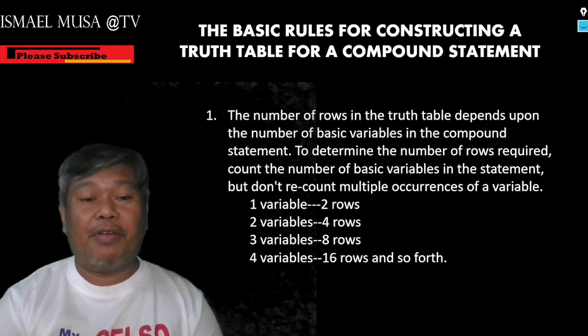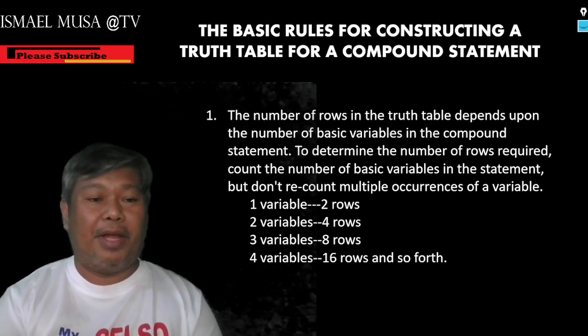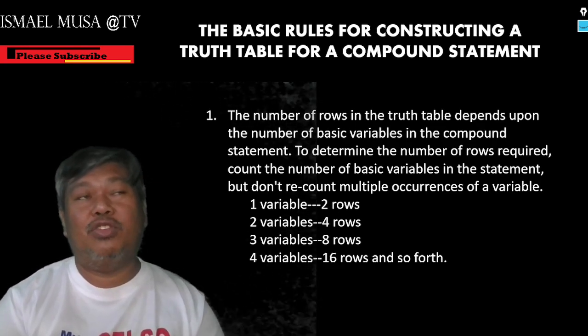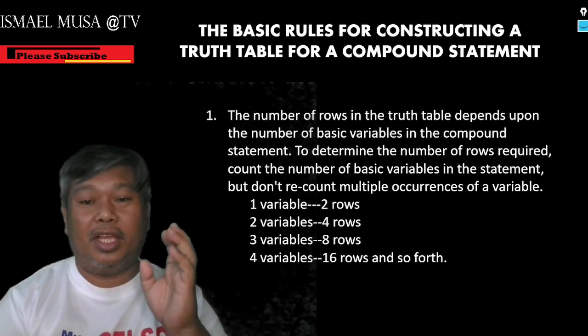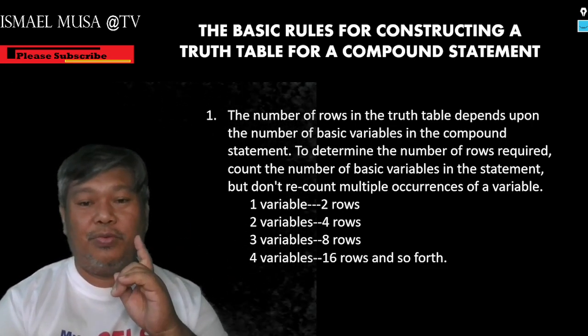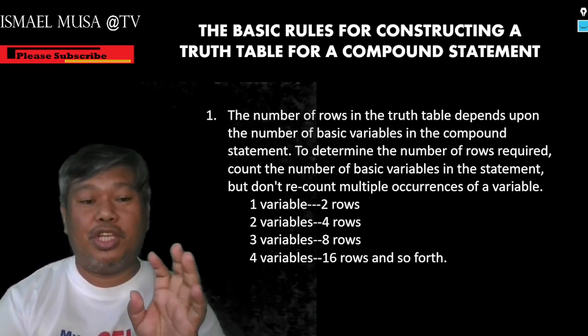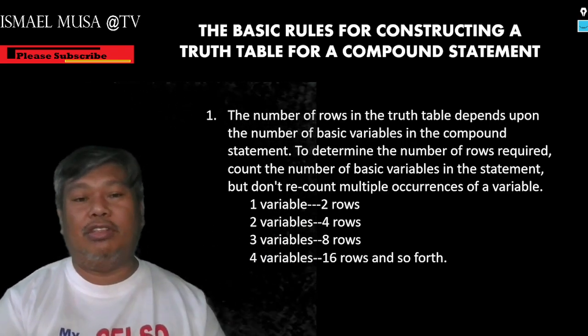To determine the number of rows required, count the number of basic variables in the statement, but don't recount multiple occurrences of a variable. Meaning to say, you don't count the negative as different from a statement. We simply count the independent proposition. We don't count its negation.